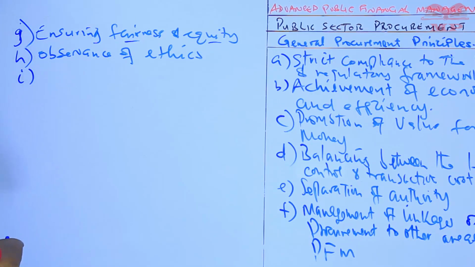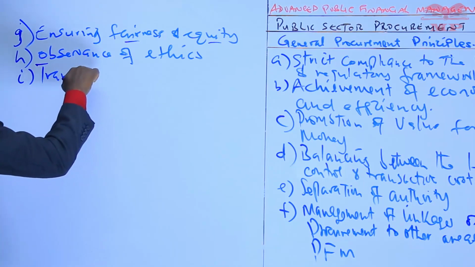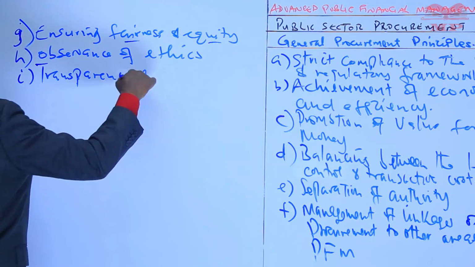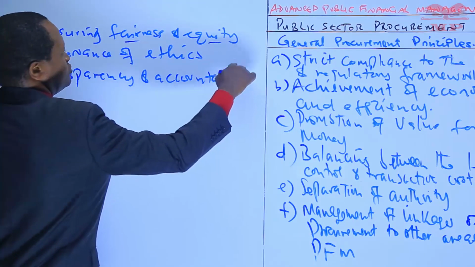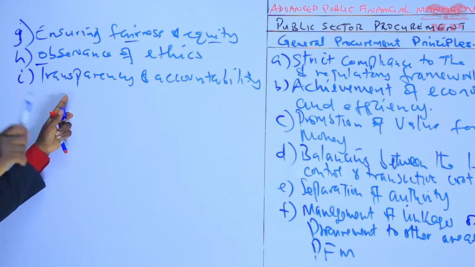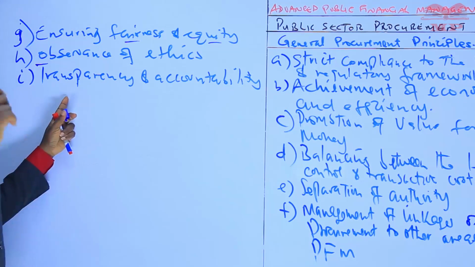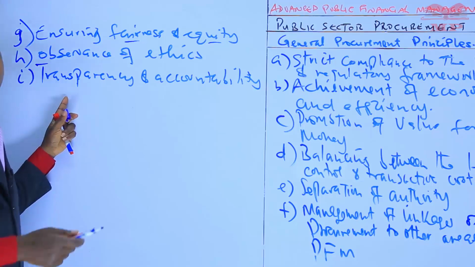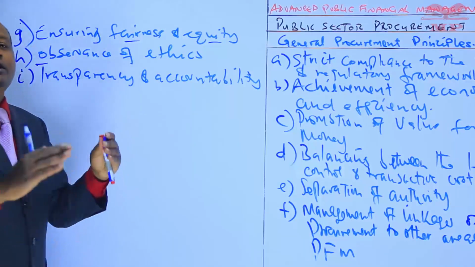The next principle is transparency and accountability. Promotion of transparency and accountability in the whole procurement and disposal process is a general procurement principle.